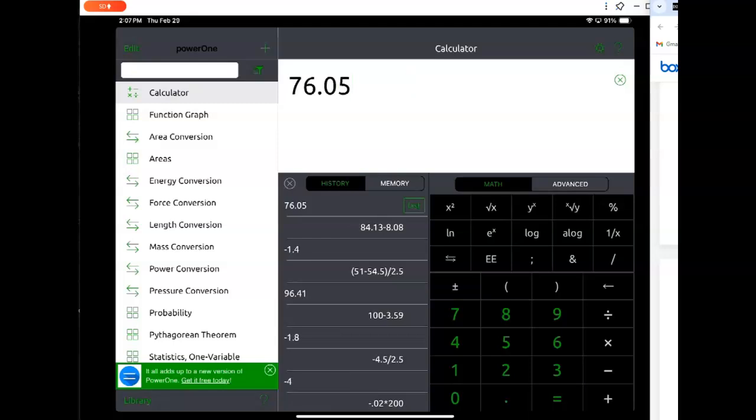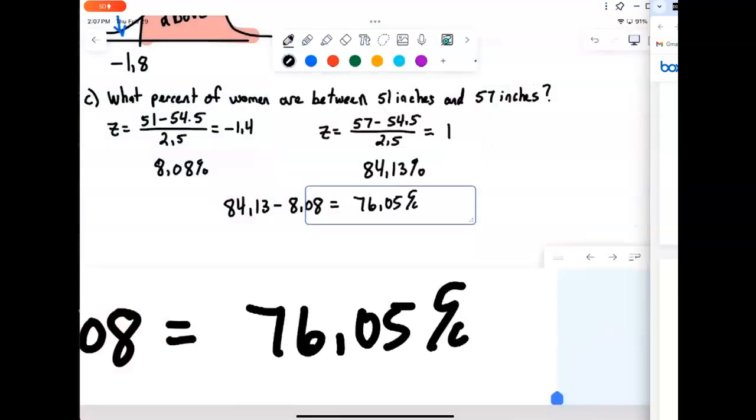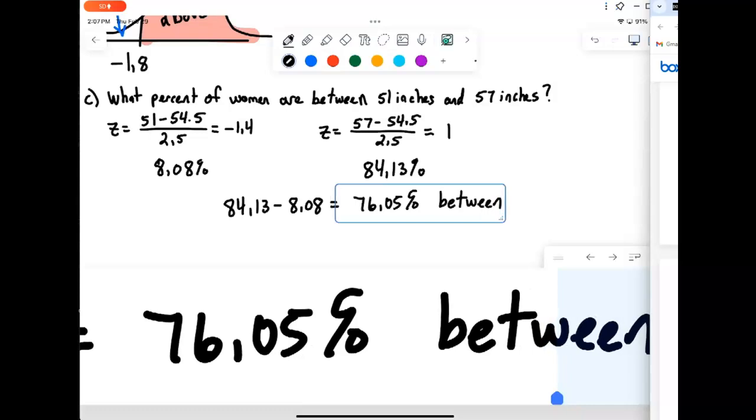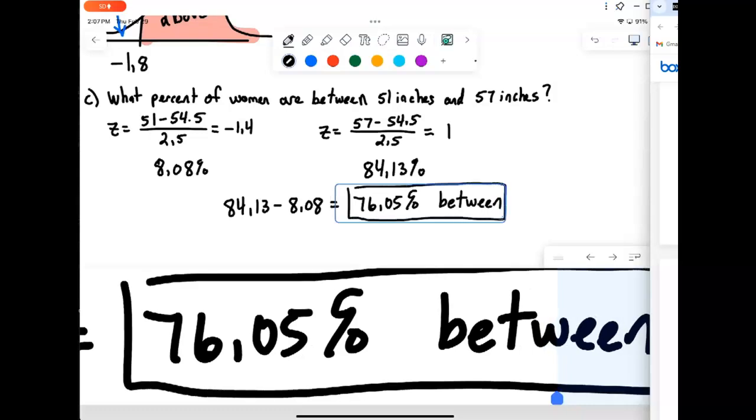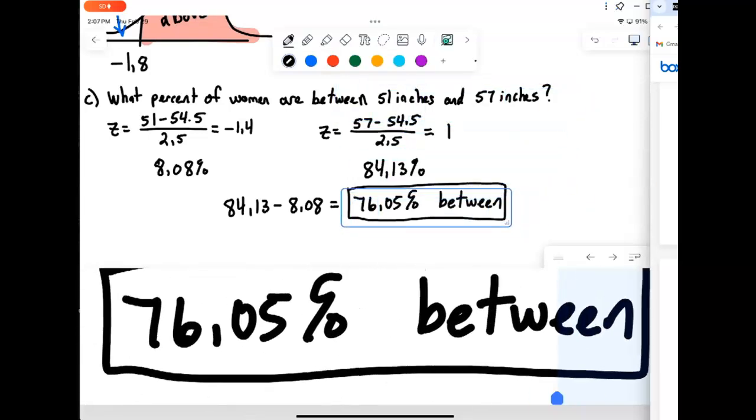So it turns out 76.05% between. So about 3/4 of all women in the United States anyway fall between 51 and 57 inches. About 3/4.